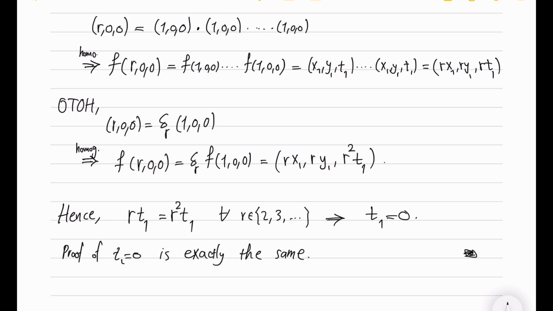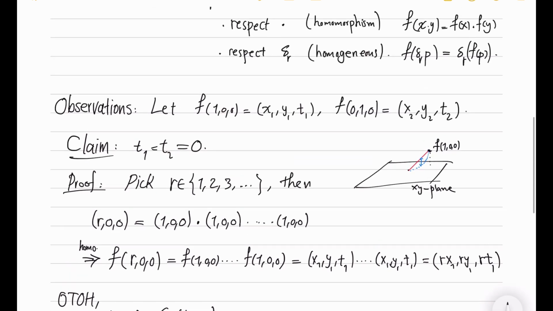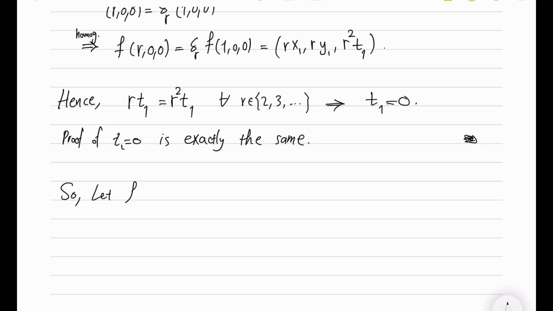The first observation is that f of horizontal vectors, basically the i and j vectors, should remain in the plane. Let f of (1, 0, 0) just be (x1, y1, 0), and let f of (0, 1, 0) be (x2, y2, 0).